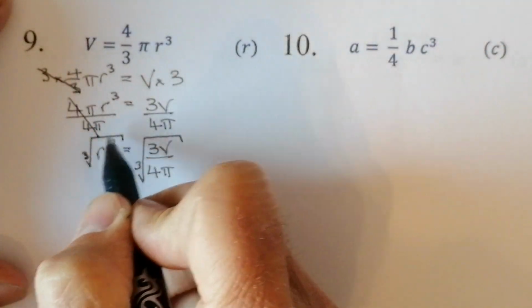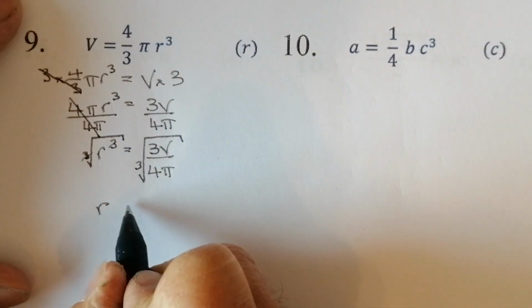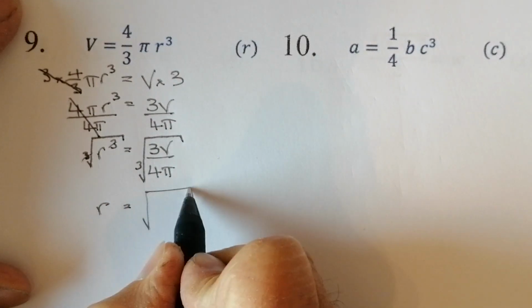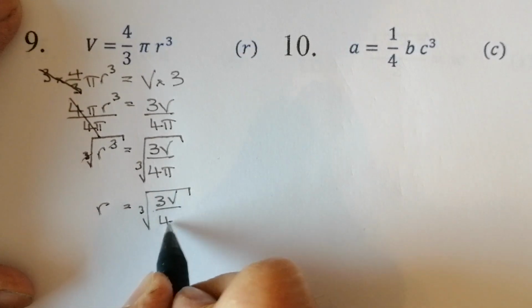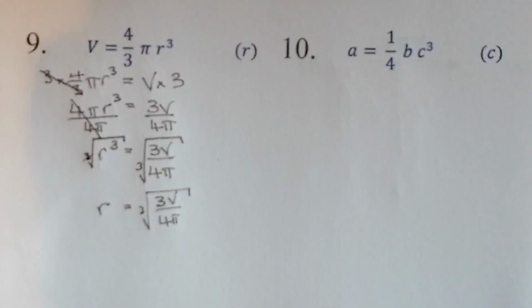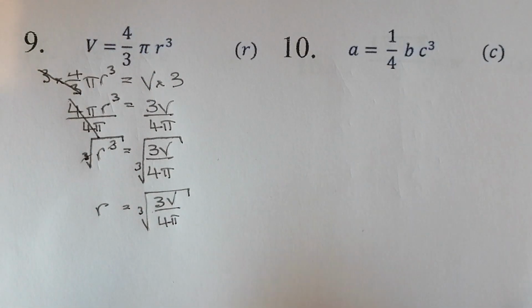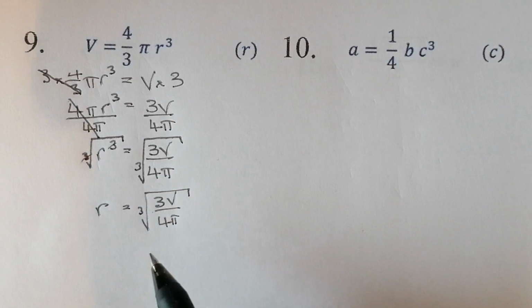Okay, so because the root and the power are going to cancel out, that'll be r is equal to the cubed root of 3v all over 4 pi. And we're not going to put a positive and a negative into that one there because it's a cubed root. Okay, because we don't have a negative answer and a positive answer when that's going to be an odd number.